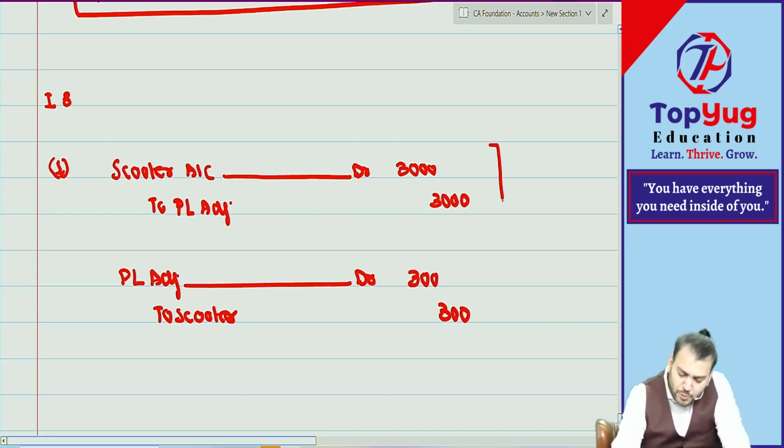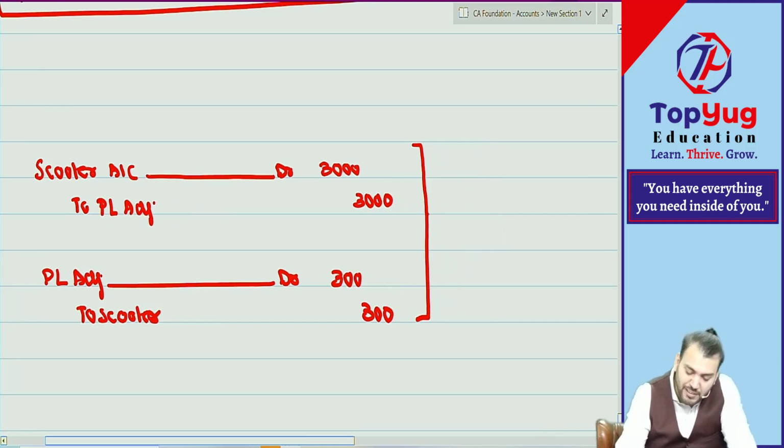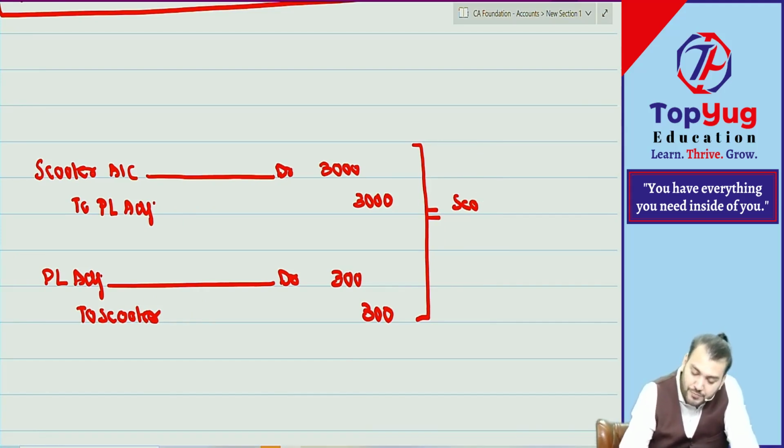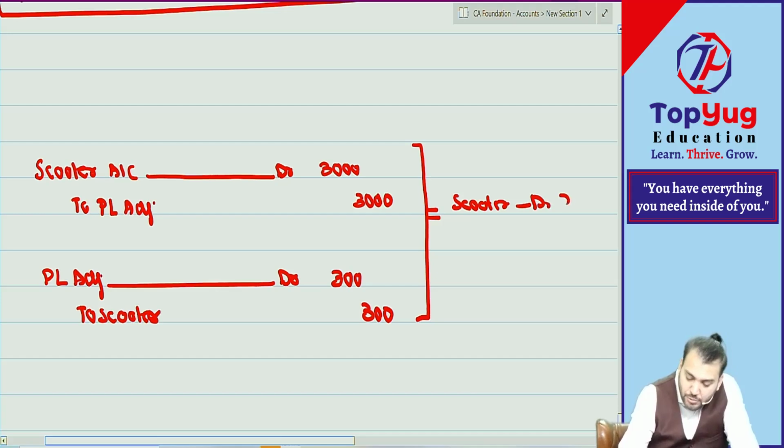However, you can also do one compound journal entry instead of passing two journal entries. What is the compound journal entry? Scooter account debited by how much? What is the net amount? So scooter account debited by 2000, to PL adjustment how much? 2700.